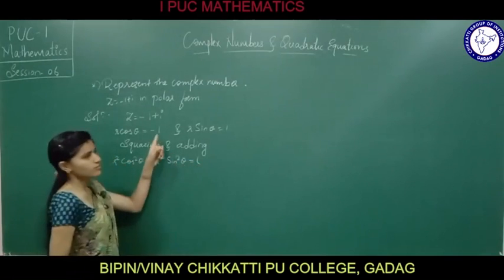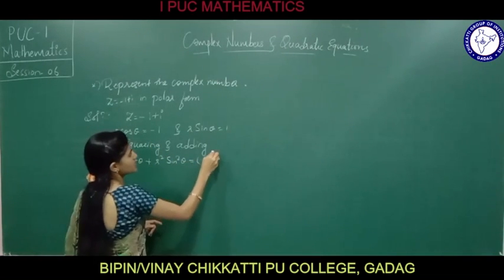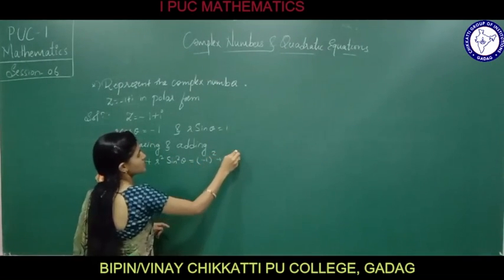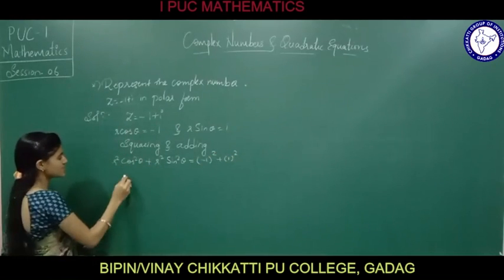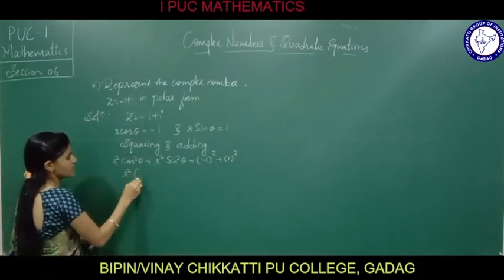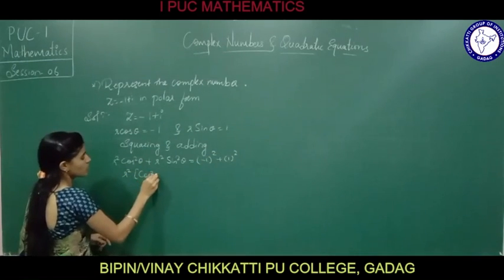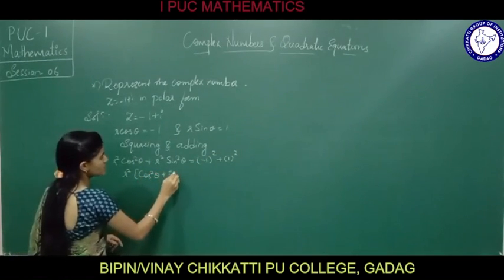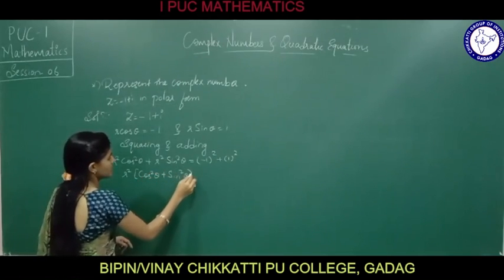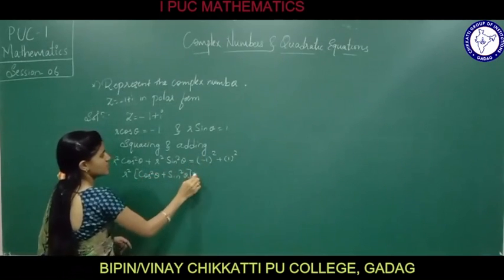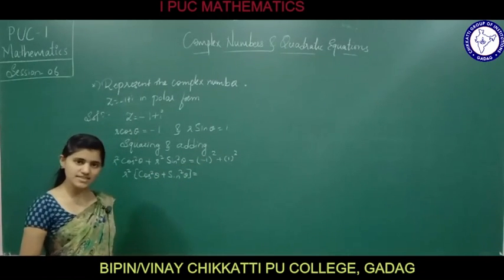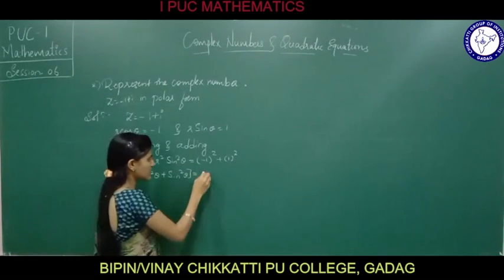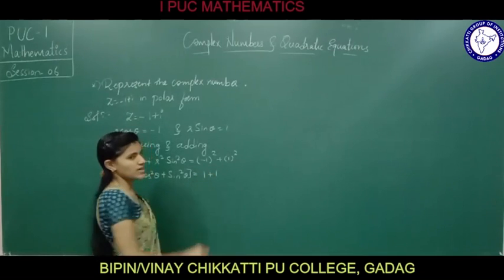This will be equal to minus 1 square plus 1 square. We have r square common, take it outside, that is r square into cos square theta plus sin square theta. This will be equal to, what is minus 1 square? Minus into minus is plus, 1 into 1 is again 1, plus 1.